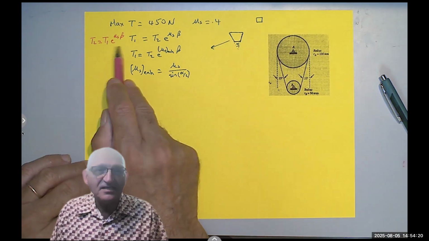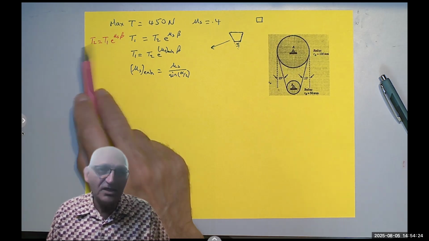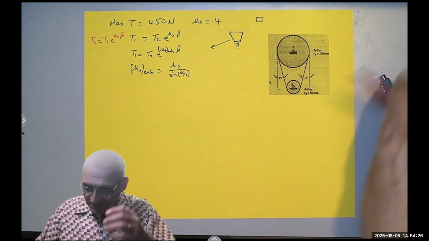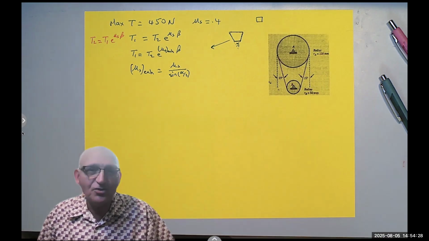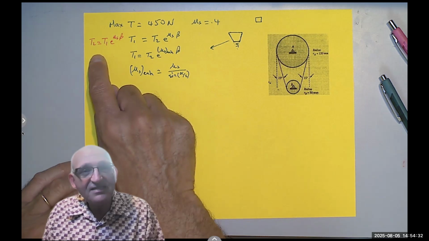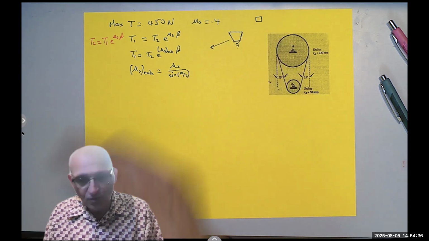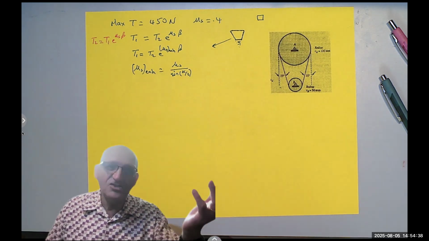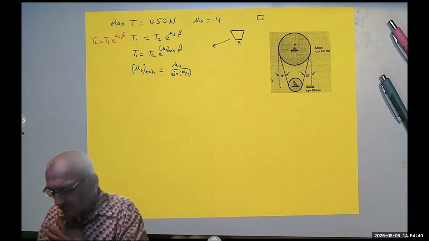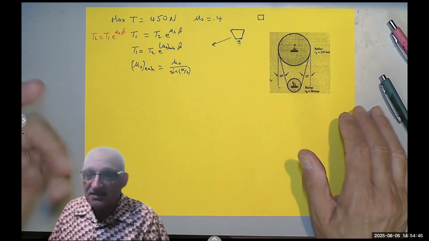But that's basically how we refer to T1 as the smaller, T2 as the bigger. As long as you know what you're doing, it really doesn't matter the nomenclature. But this is the way we usually do it in engineering. When you hear T2, it's the higher. But if you are doing the math, it really doesn't matter.